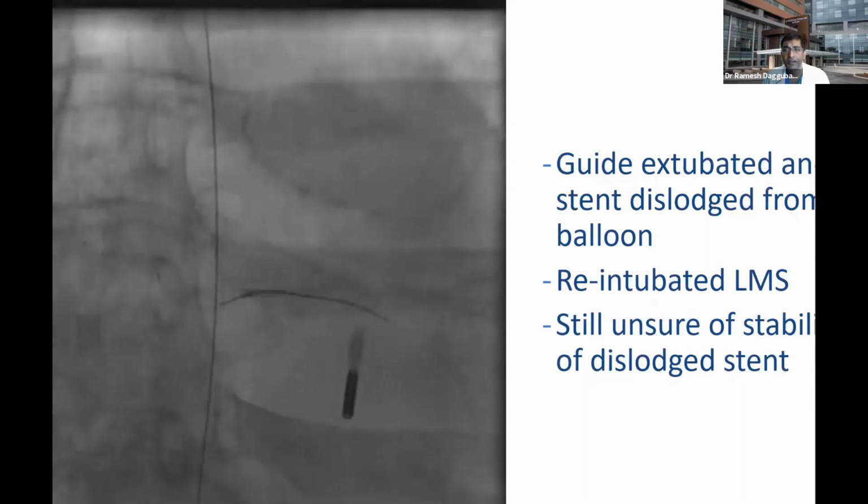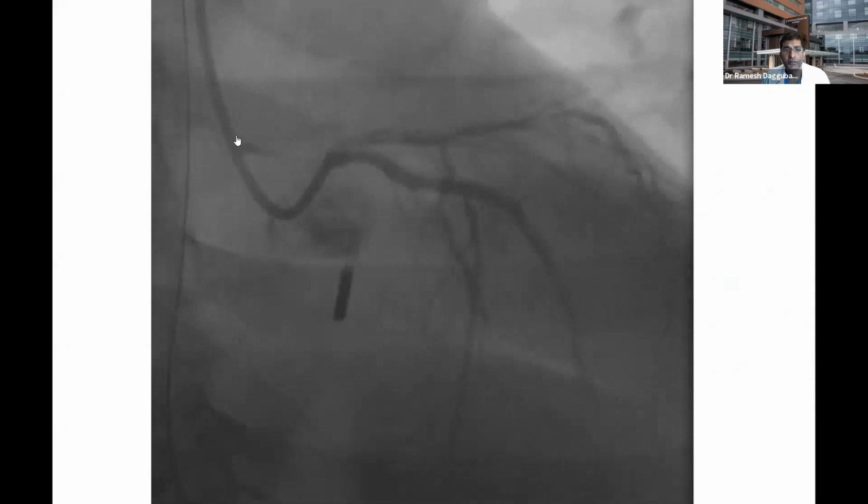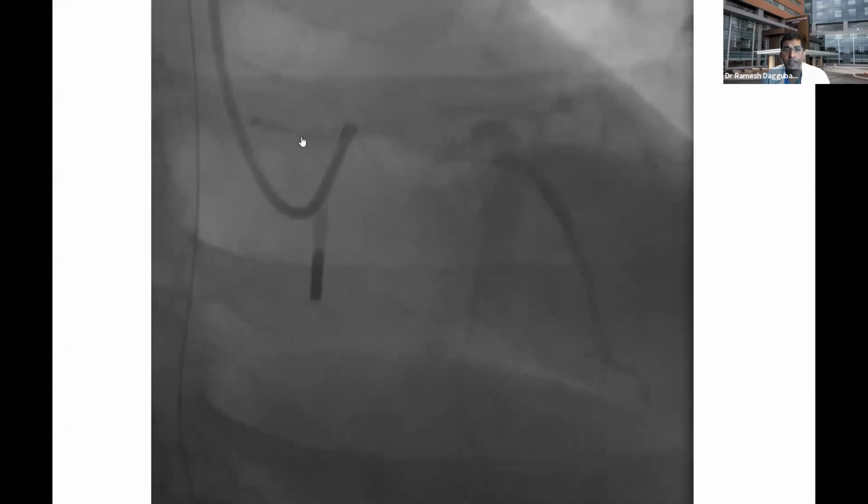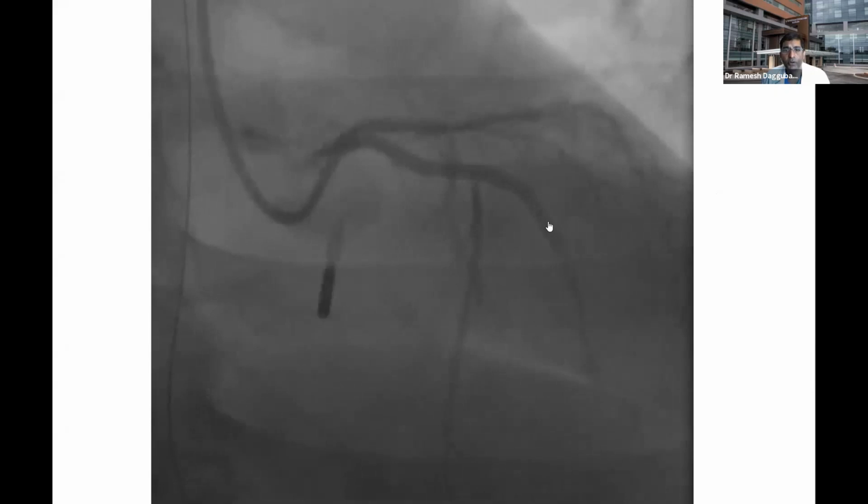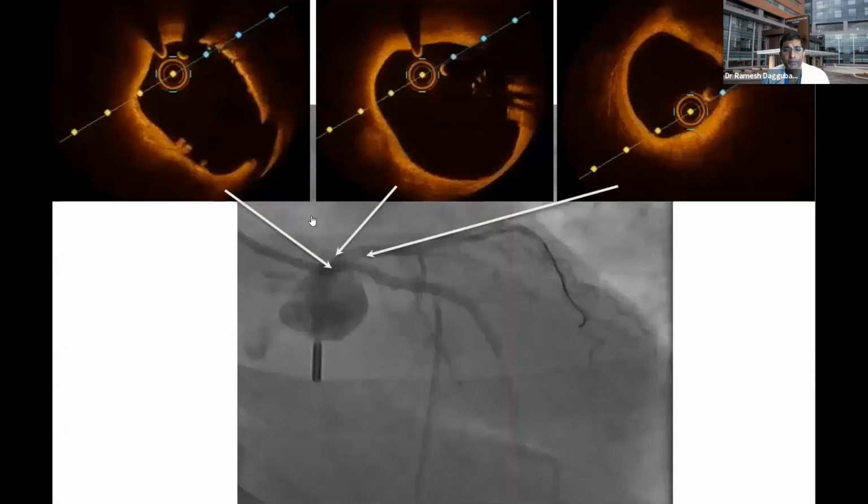So the guide is removed, and the stent was dislodged from the balloon. We reintubated the left main, still unsure of the stability of the dislodged stent. As you can see, part of it is in the aorta, and the flow in OM1 is now suffering a little bit. Thank God the patient had a balloon pump.